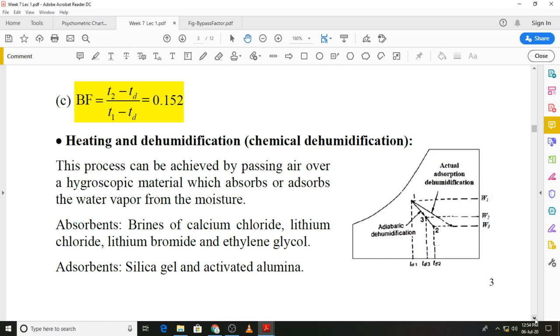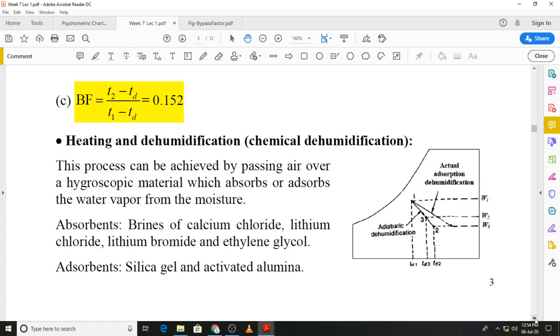Typically the substances used for this purpose are solutions of calcium chloride, lithium chloride, lithium bromide in water, and similarly ethylene glycol in water. These are known as brines. We can also use crystals of silica gel and also activated alumina.